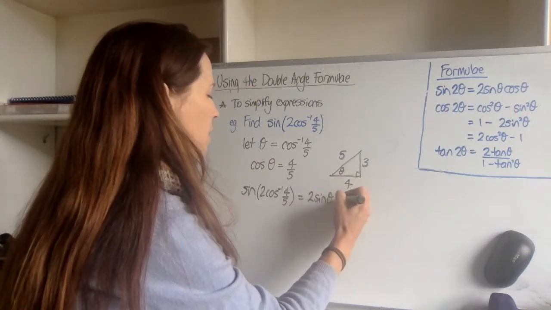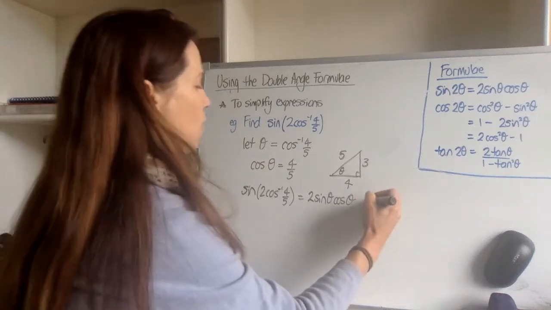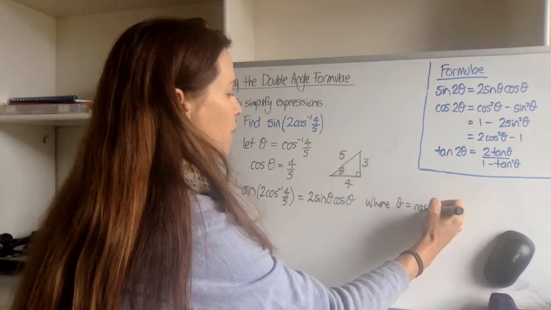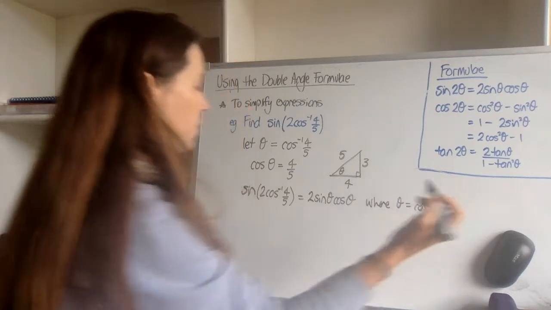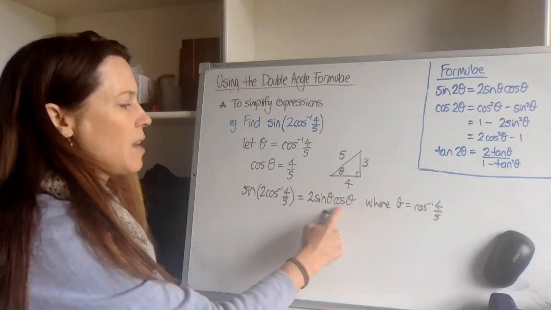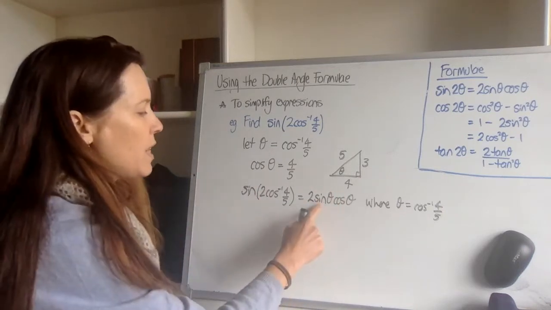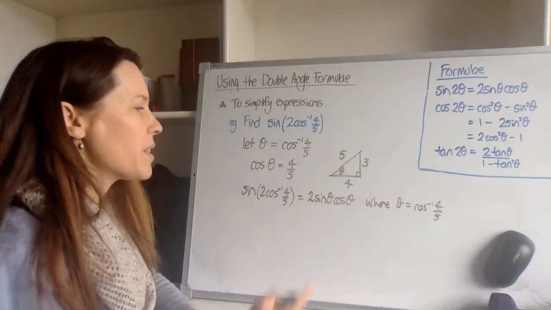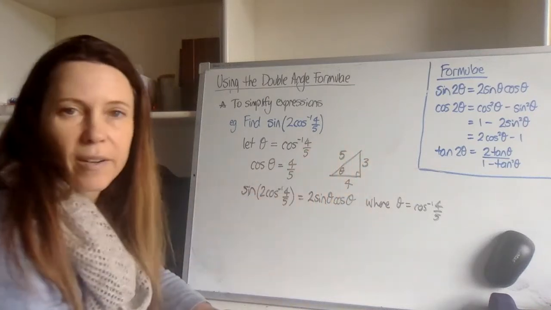It's 2 sine theta cos theta, where we already know theta equals inverse cos of 4/5. Okay, now we've already got ourselves an expression for cos theta here, and that's handy because we're going to need it. But we need to find sine theta, and now that we've got our little drawing of our right angled triangle, we can see that sine theta is just 3/5.